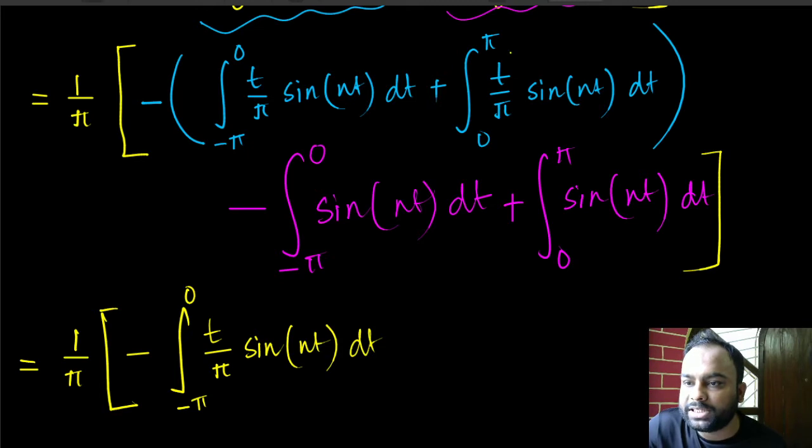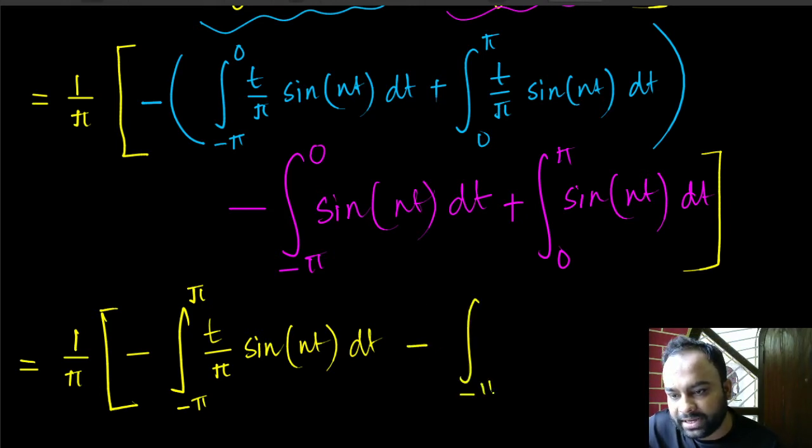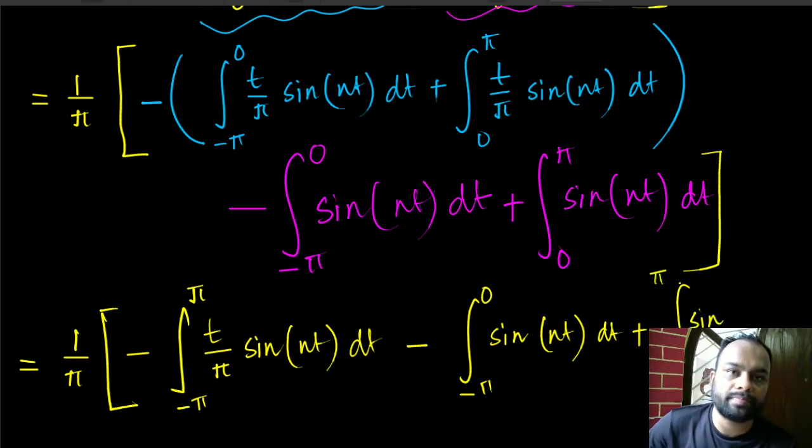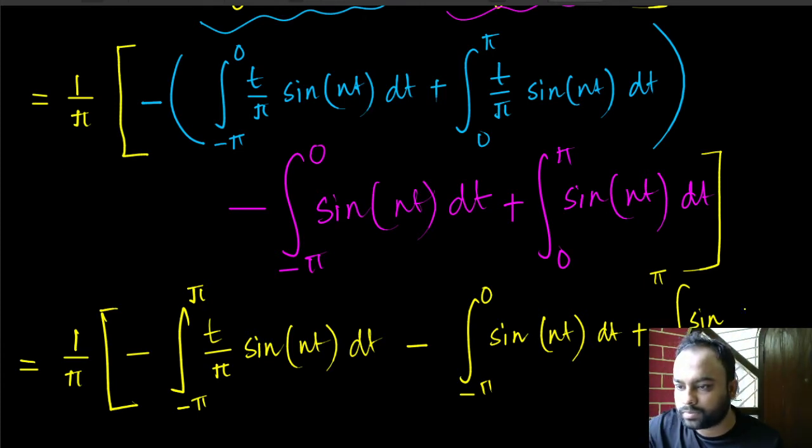These two can be coupled up and written as from minus pi to pi, and here we have from minus pi to 0, sine nt dt, and plus 0 to pi, sine nt dt.